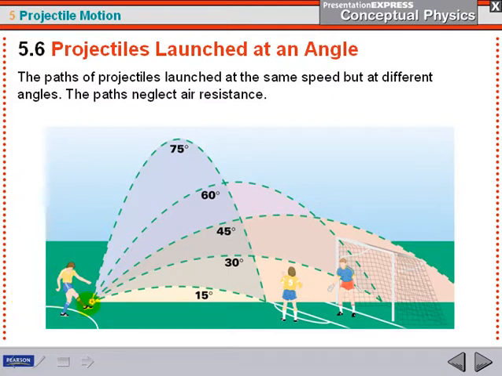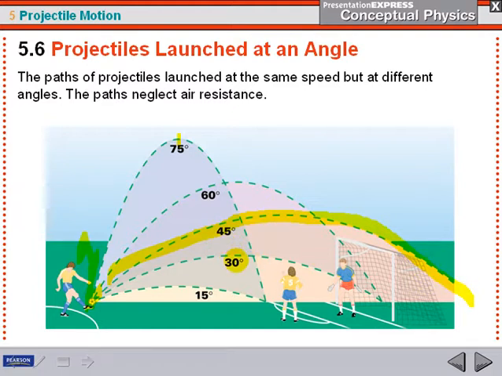This guy's going to kick a soccer ball, and when he kicks it with a large vertical component, it's going to go up pretty high, but it's not going to go very far. You notice that if he kicks it with a vertical component that's equal to the horizontal component, he gets a nice long range to it.